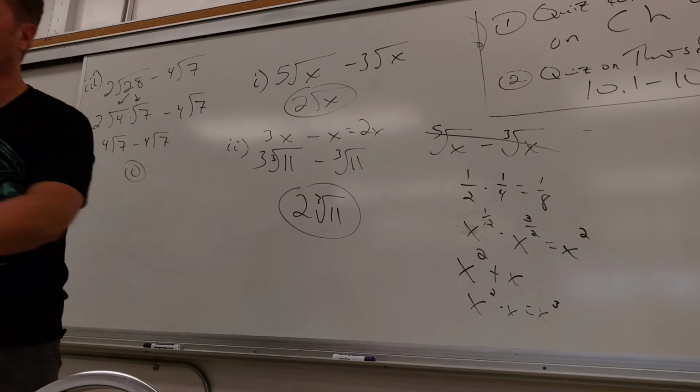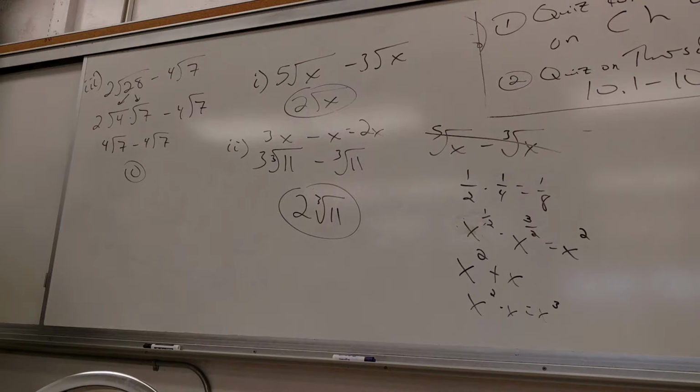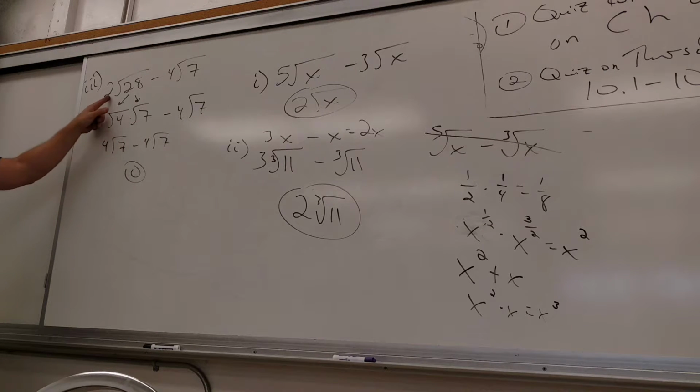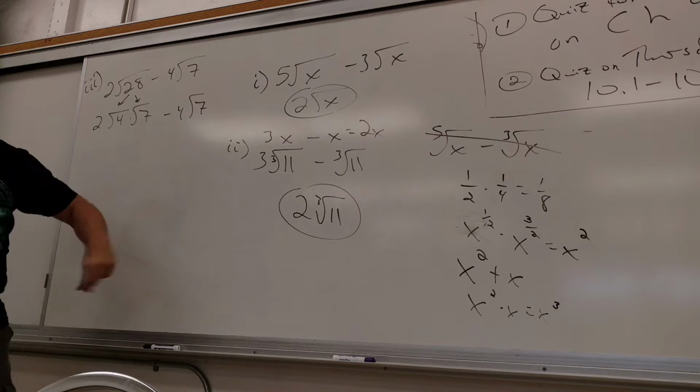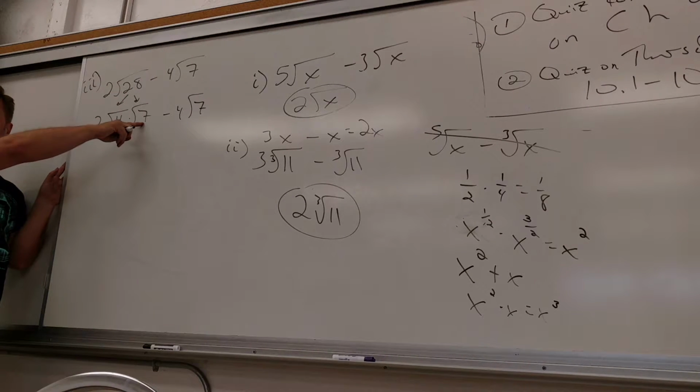Alright, so that's one thing. We talked about that yesterday. The 28 is 4 times 7. What happens to the 2 on the outside? Because the 2's there. So all I did right here was square root of 28 is the square root of 4 times the square root of 7.